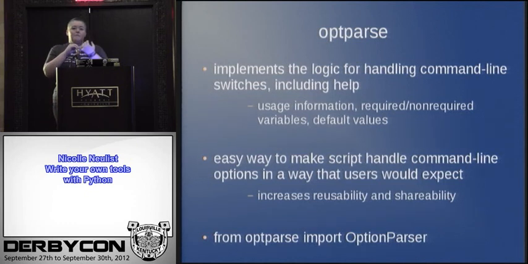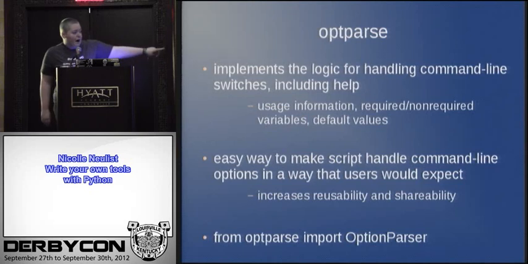It gives you help functionality, usage information, determining whether a variable is required or not, default values. I mean, it's just an easy way to make your Python script behave like any command line utility that you're already used to using.